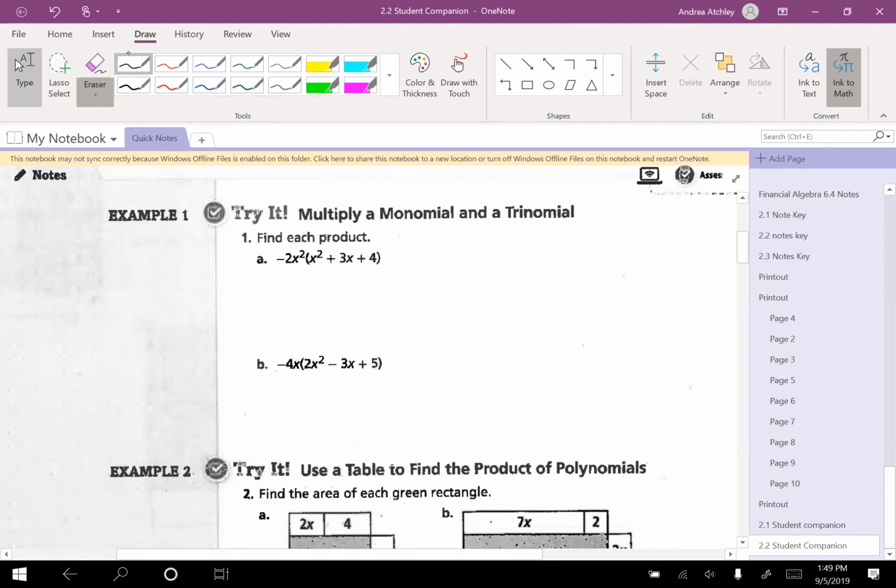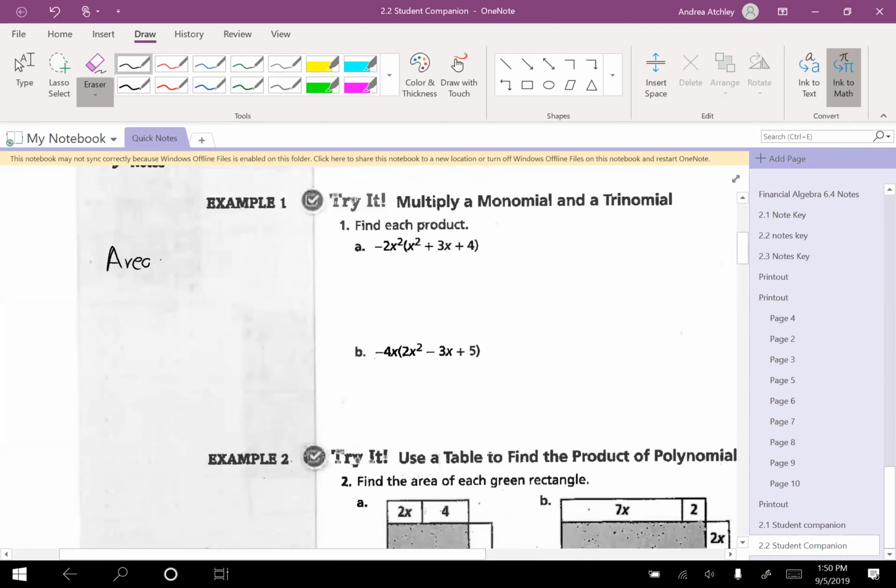Okay, so let's just review. Area equals length times the width.